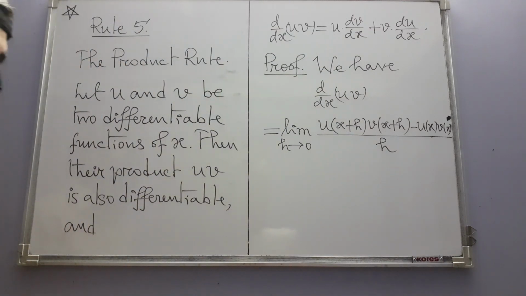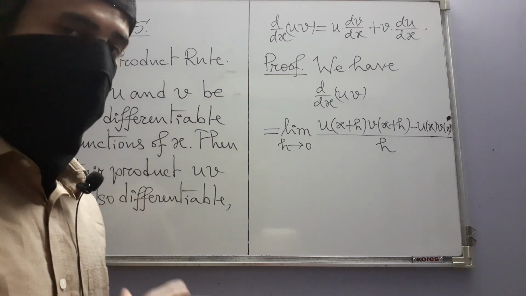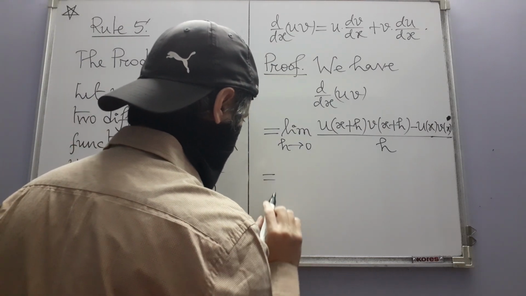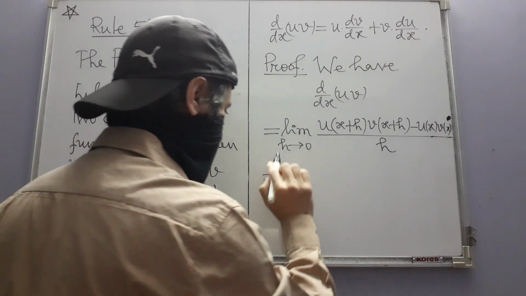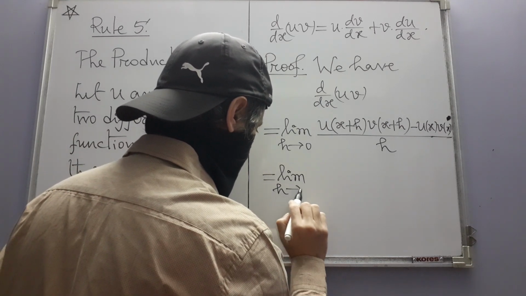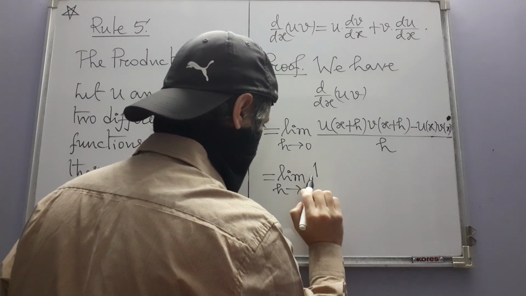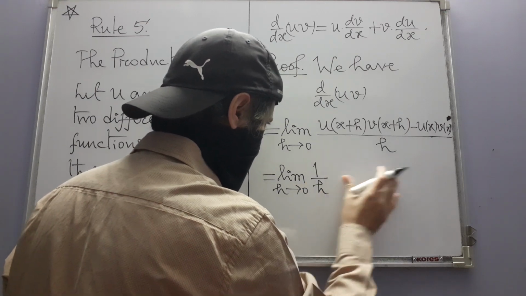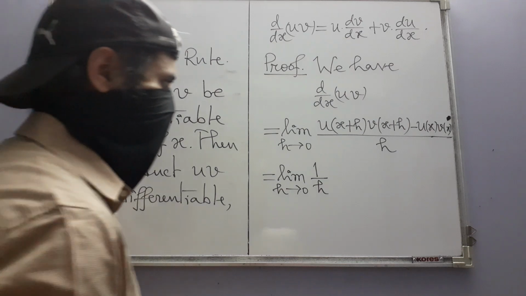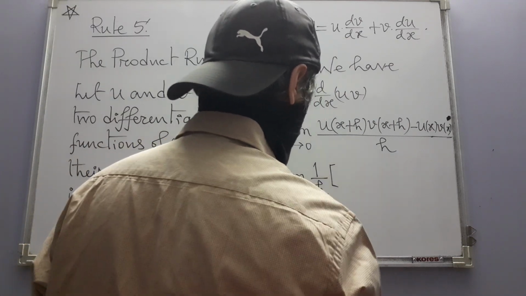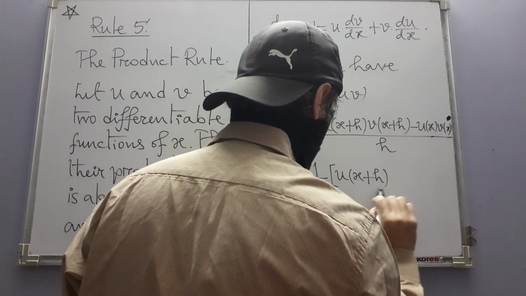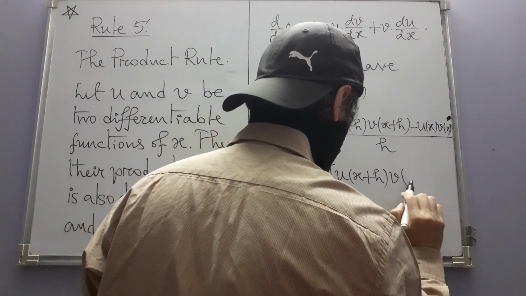Now to figure out what this limit can possibly be, we introduce a term, because we will have to write a somewhat long expression, so I have written 1 over h first times u of x plus h times v of x plus h.